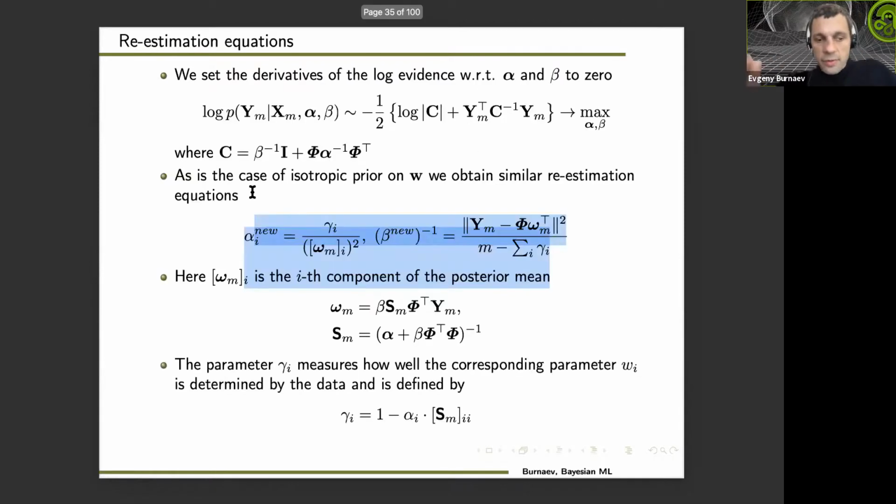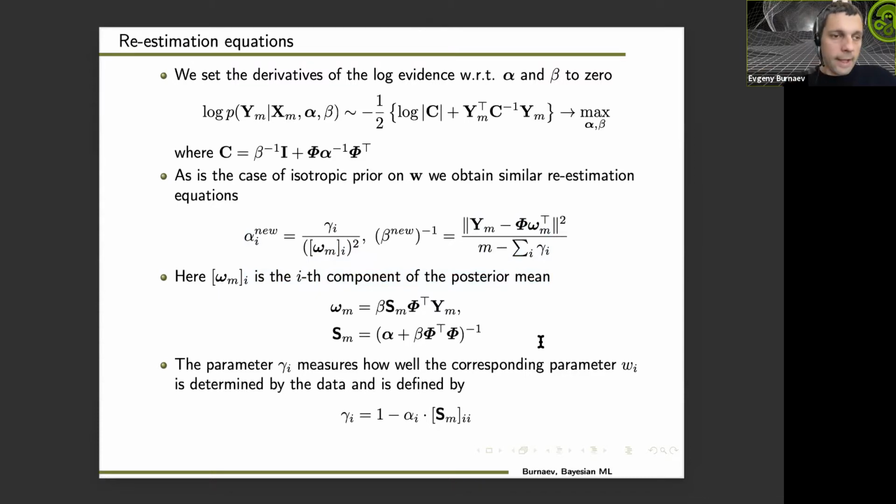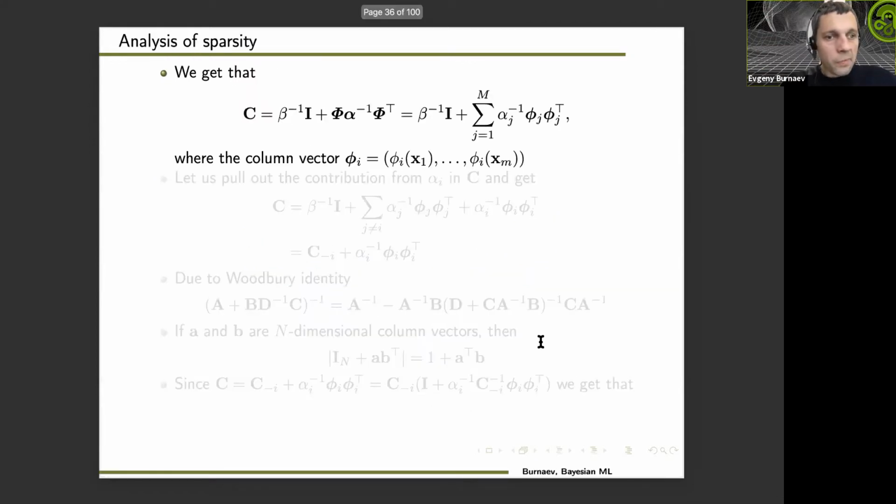And now the question is, okay, this is the algorithm. Why does it work? Why does it help to sparsify the model, and how can we sparsify the model using this algorithm? Now let me explain this thing. So this is our matrix C, right?